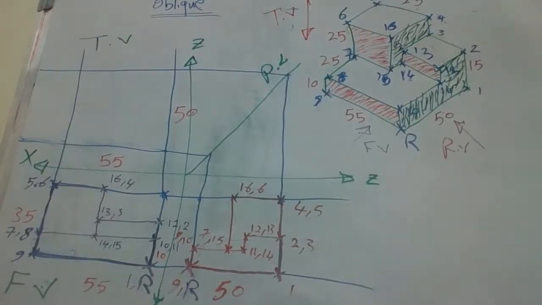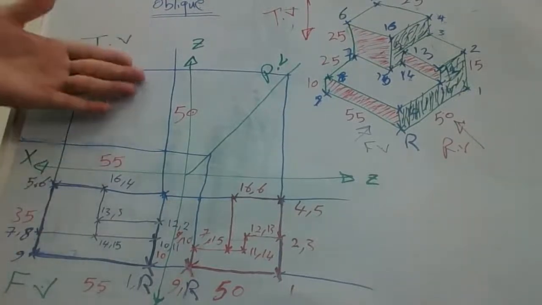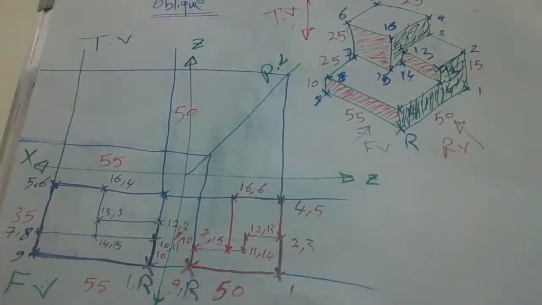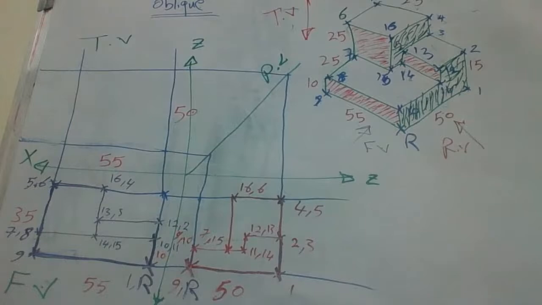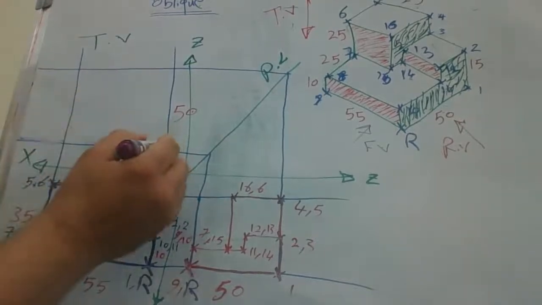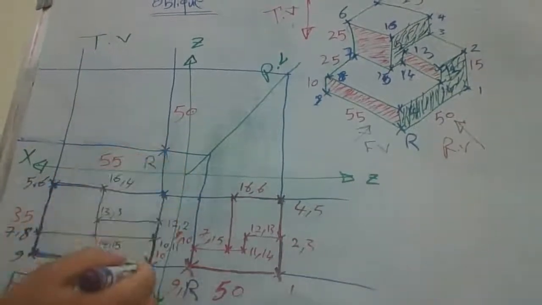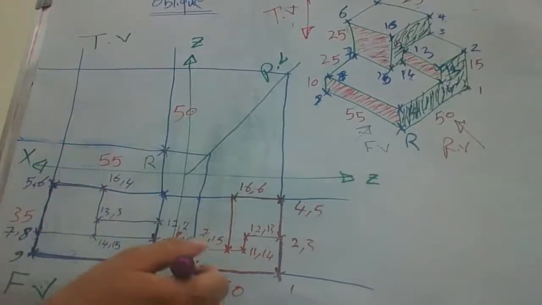Now we can go to the top view and follow the same technique. In the third projection plane, we can make a crossing between each point, R with R, from the front view and from the top view.